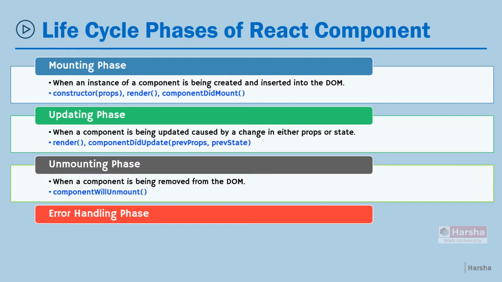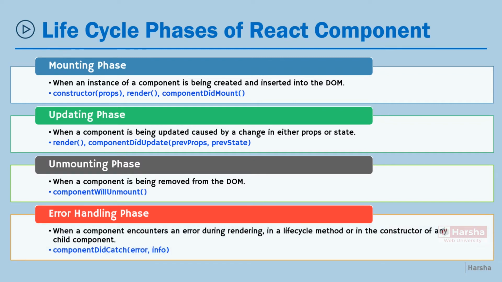And finally, the error handling phase will be executed whenever React identifies an error during the rendering or lifecycle method or constructor of the child component. For example, we have a shopping cart component which contains children of product components. While executing any one of the product component, it has an error.